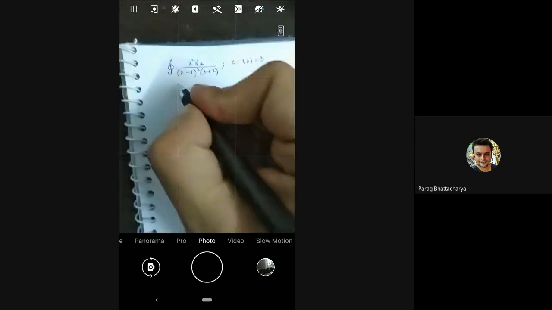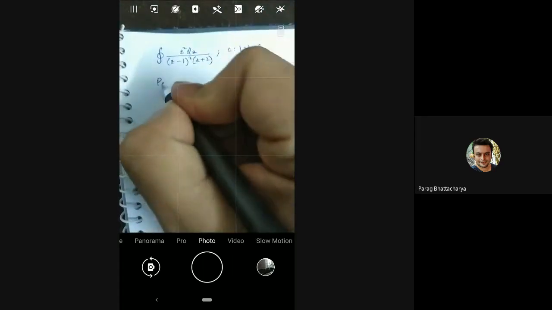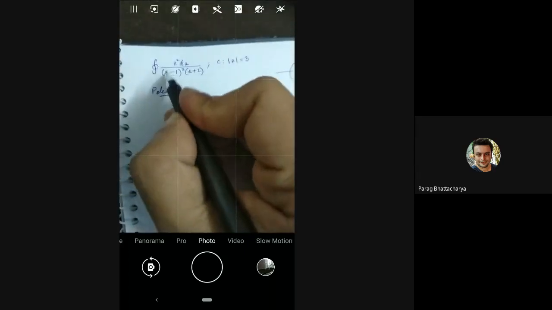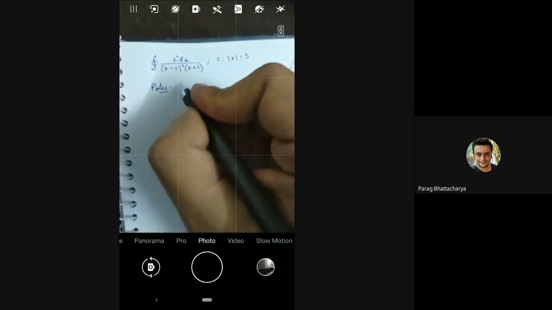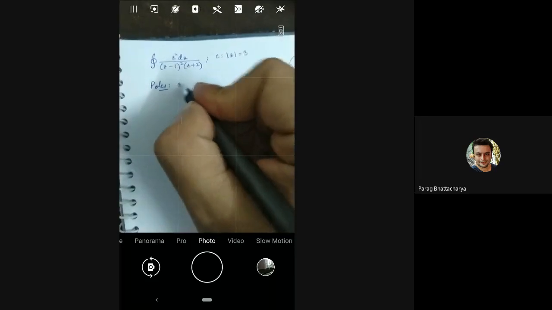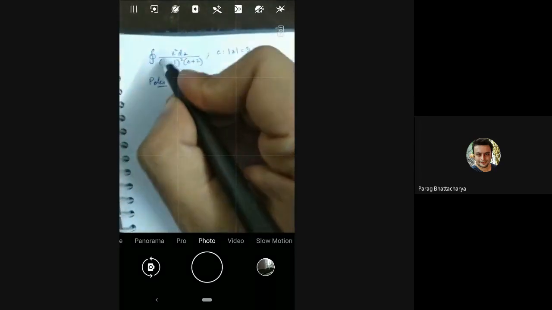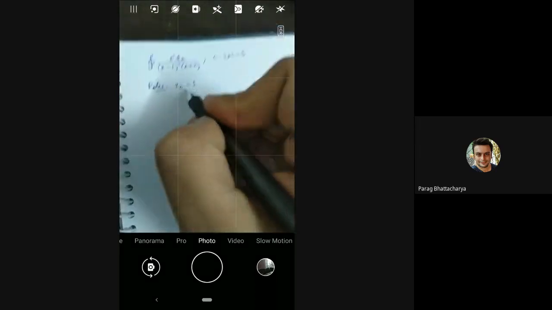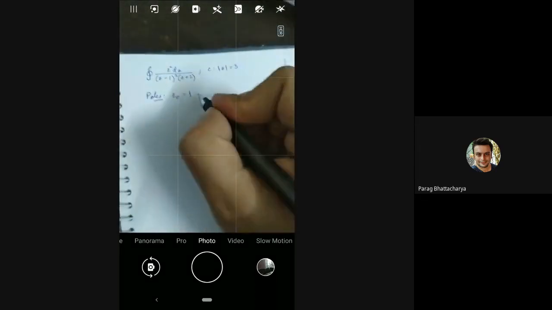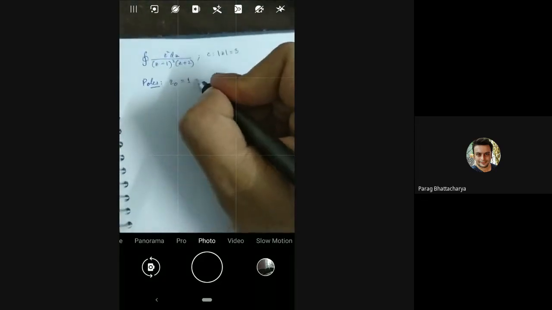Now over here, what are the poles? Immediately you can identify: if you put z equal to 1, this is going to become infinity. So z naught equal to 1 is a pole. Put 1 here, 1 minus 1 is 0, so it becomes undefined. What is the order of this pole?